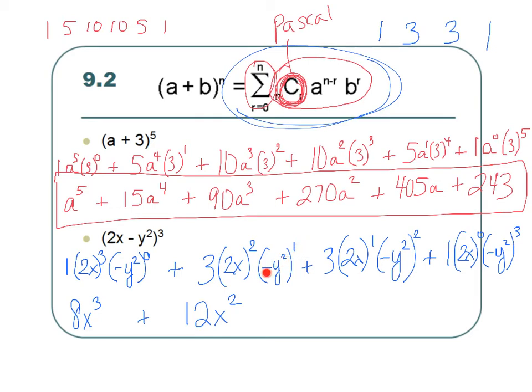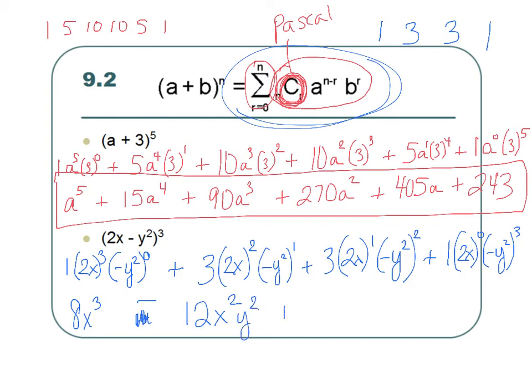But we have to watch out for that negative right there. This whole term is being taken to the first power, so that's going to stay negative. And when I'm multiplying this positive times this positive times this negative, this whole term is going to end up negative. And the way we typically show that is by making this, instead of a plus sign, a minus sign right there. And my y would be squared.